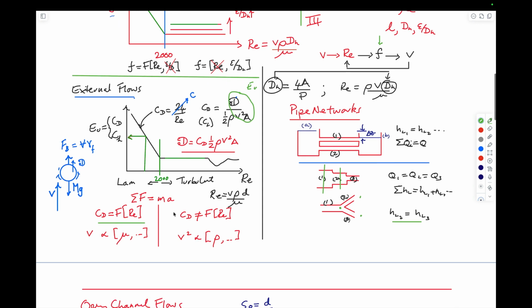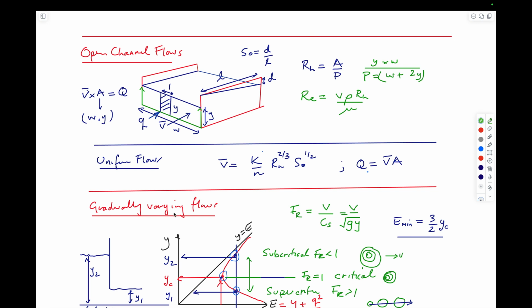Okay. The third question is on open channel flows. In open channel flows, we define behavior in terms of flow being driven by gravity. So the gradient of the drop along the length of flow is given by a change in depth over length, or a gradient over the length of the flow.